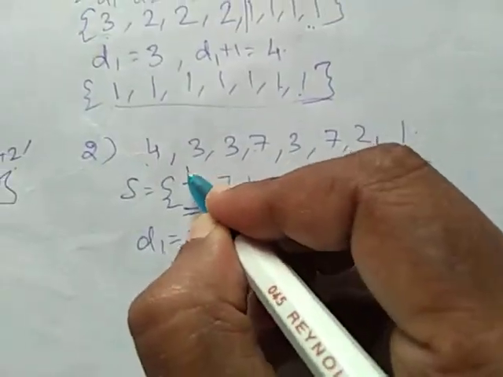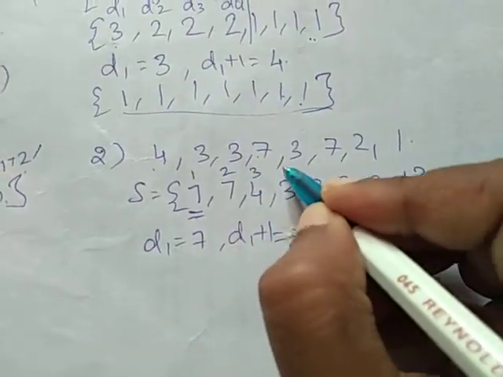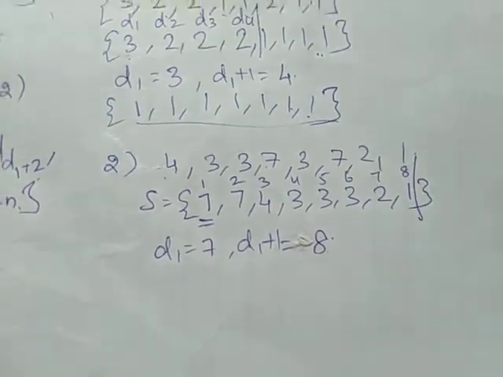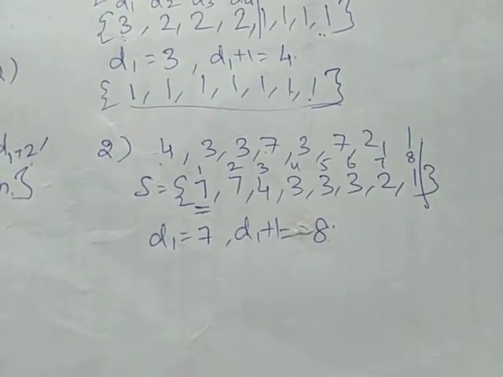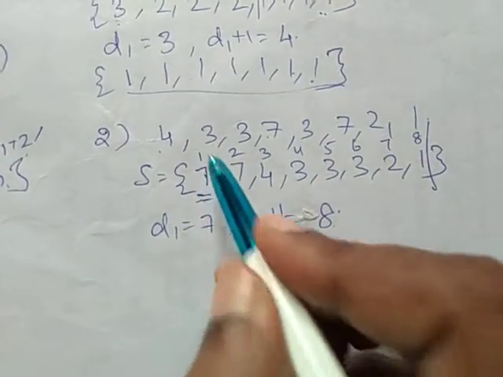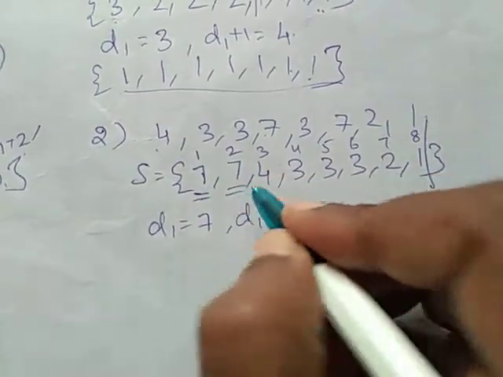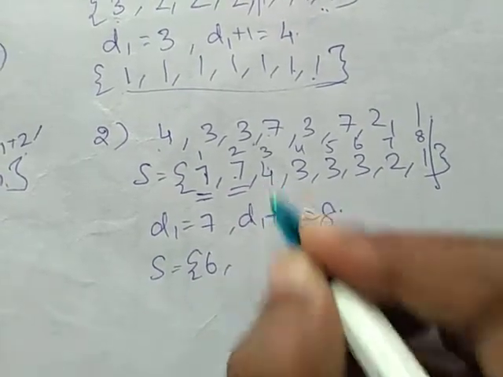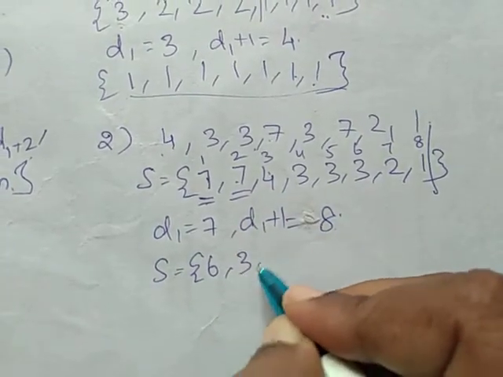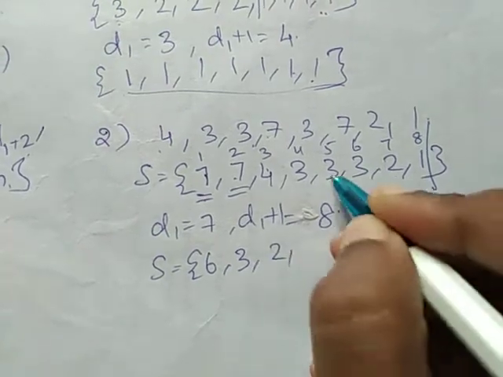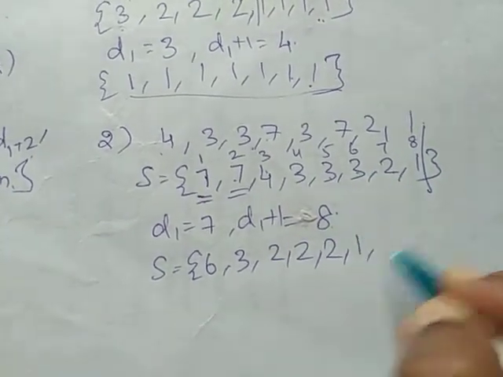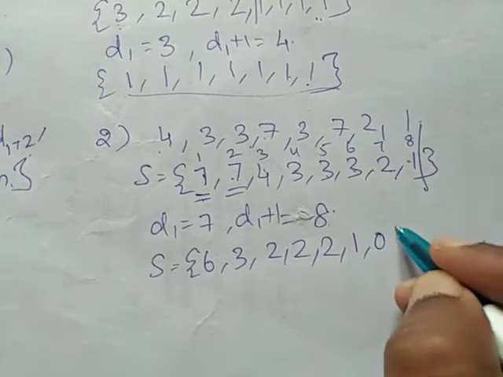So, this is D1, D2, 3, 4, 5, 6, 7, 8. Till here we have to subtract. So, from here we have to start. 7 minus 1, 6. 3 minus 1, 2. 3 minus 1, 2. 3 minus 1, 2. 2 minus 1, 1. 1 minus 1, 0.